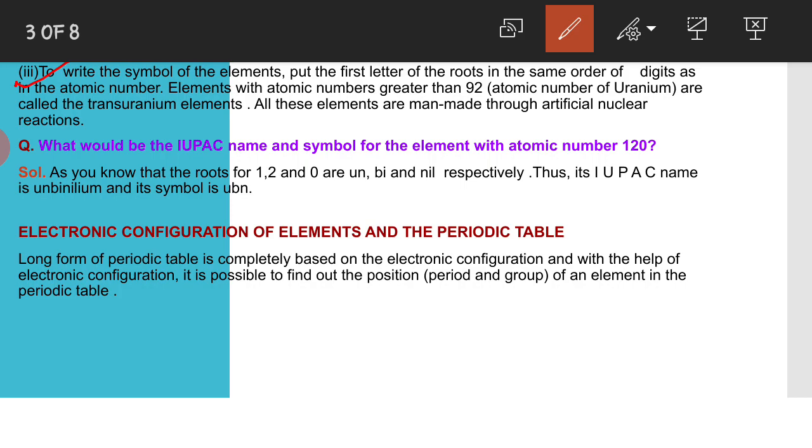Solution: as you know, the roots for 1, 2 and 0 are un for 1, bi for 2 and nil for 0 respectively. Thus its IUPAC name is unbinilium and its symbol is Ubn.